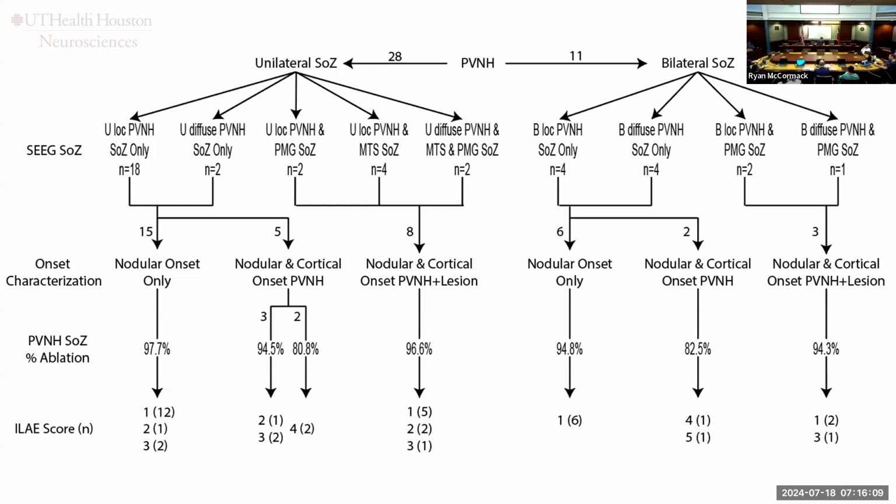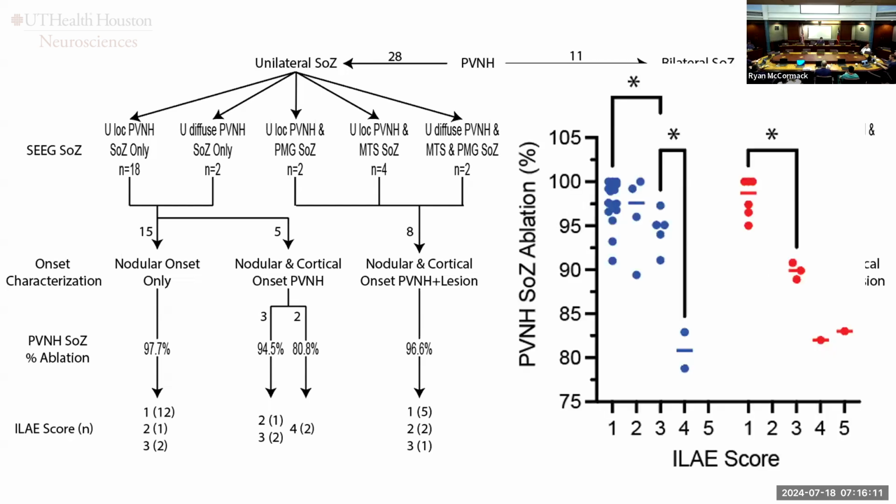Regardless, you can see very clearly that in patients with poor ILAE scores, meaning that they're continuing to have epilepsy, there's a substantially lower ablation percentage of the PVNH seizure onset zone in comparison to patients with higher ablation rates who end up having seizure freedom.